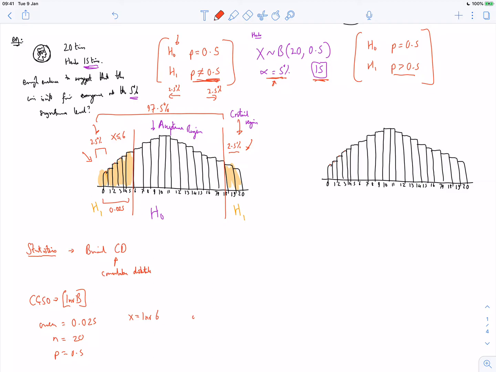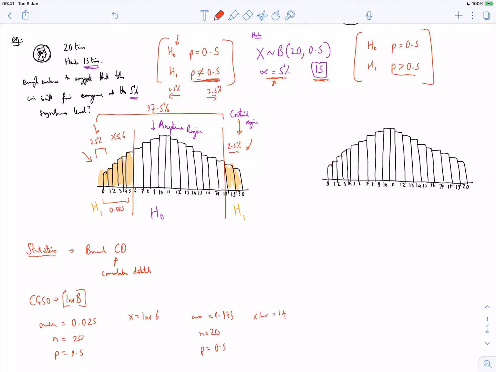So if I do the same thing, area equals 0.975, n equals 20, and p equals 0.5, we will get an inverse binomial of 14.